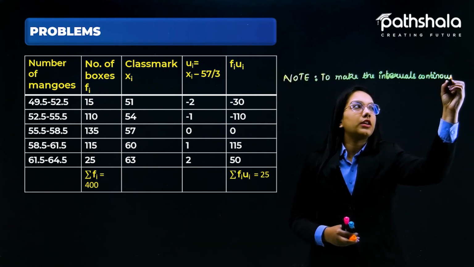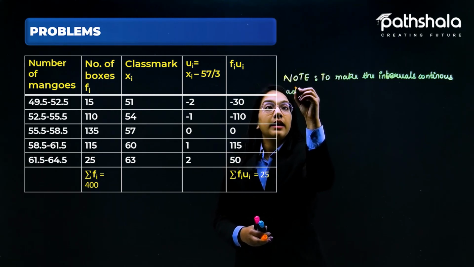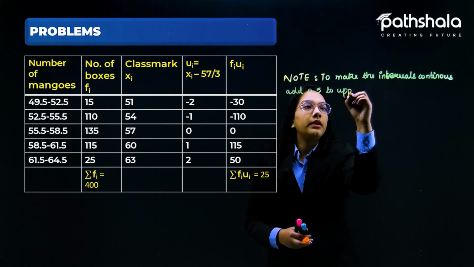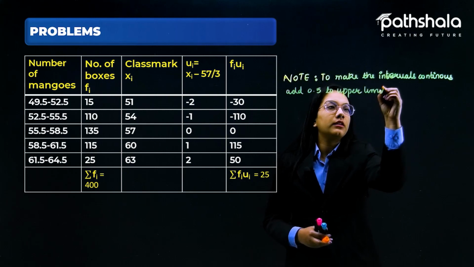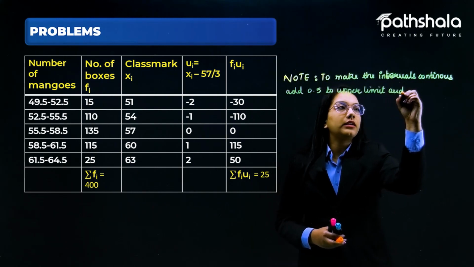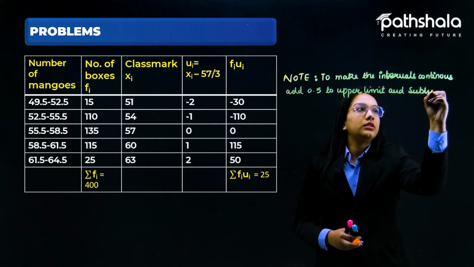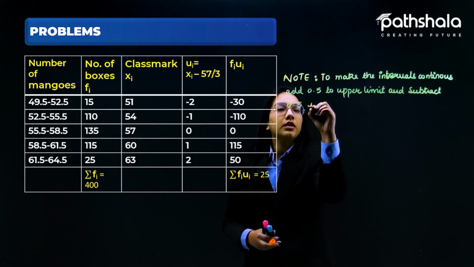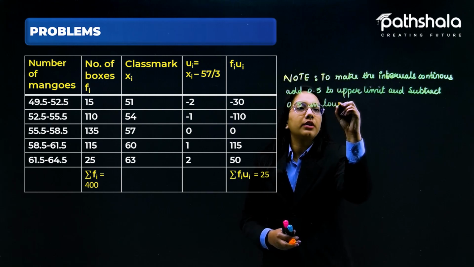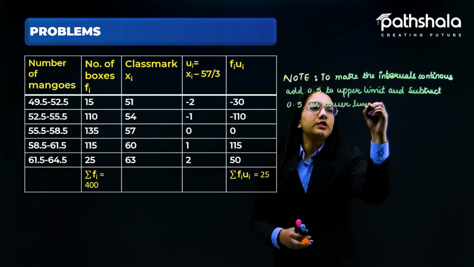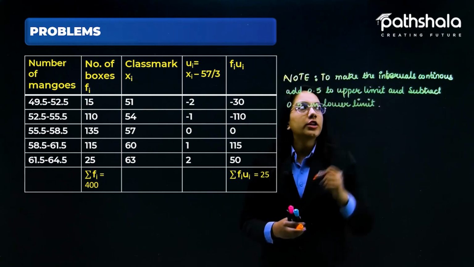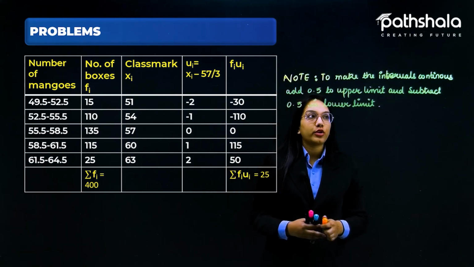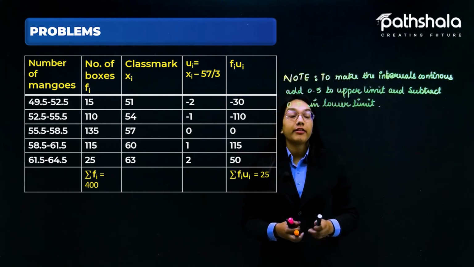To make the interval continuous, add 0.5 to the upper limit and subtract 0.5 from the lower limit. This is a special note whenever we have to convert the intervals into continuous form.